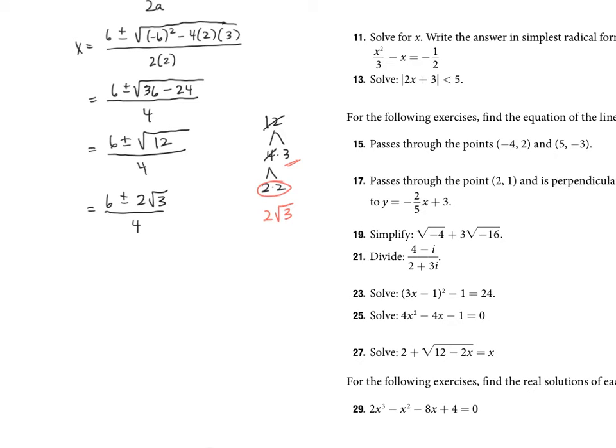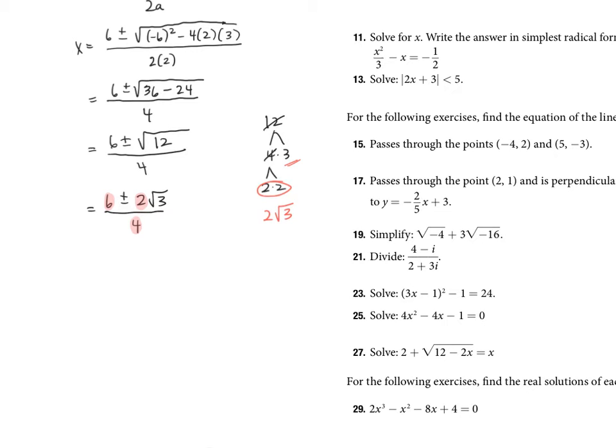Now what you're looking for is, do you have a common factor in all of the pieces so that you can divide it out of everything? You're looking at the 6, the 2, and the 4. You have two terms on the top and the denominator that all have a 2 in common.